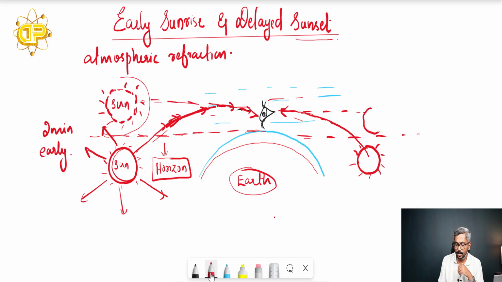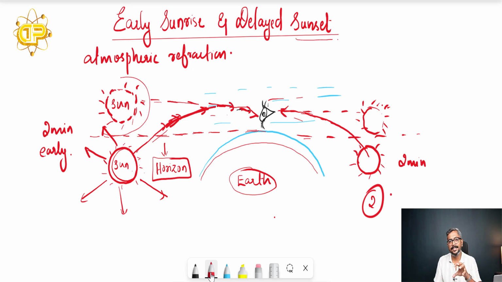Still you can see the sun in the apparent position above the horizon. So in the second case, even though the sun has already set, for 2 minutes you can see the sun above the horizon due to the atmospheric refraction process.